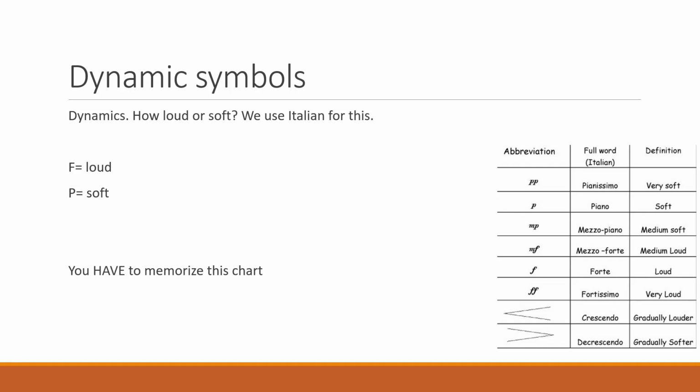It will probably take one week at max, and then you know them, but you need to revisit them a few times. P is soft, F is loud. If we add more P's, it becomes softer. If we add more F's, it becomes louder. And MF means just a bit forte or a bit piano.